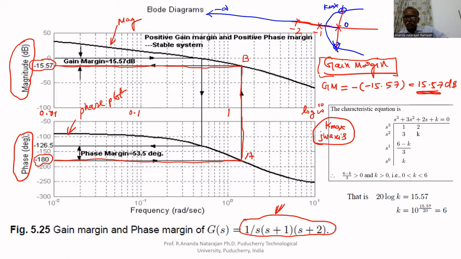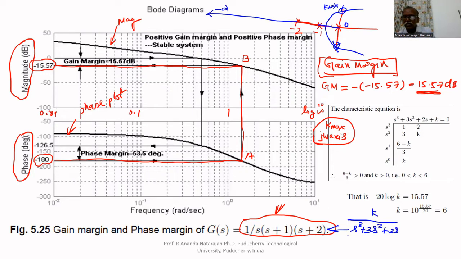What is the denominator polynomial of this system? The denominator polynomial of the open loop system is s cube plus 3s square plus 2s, with numerator k. As k varies from 0 to infinity, we get the root locus.